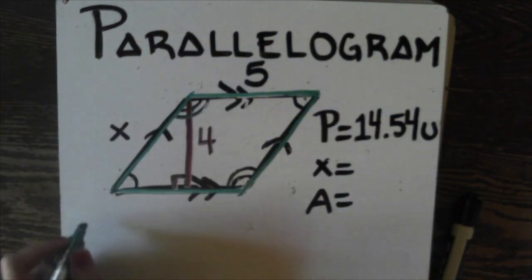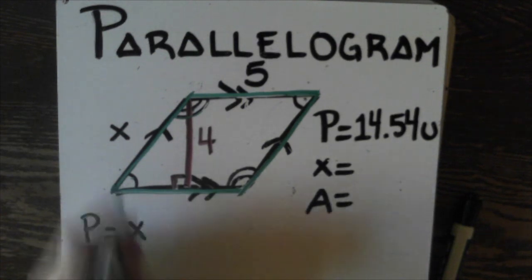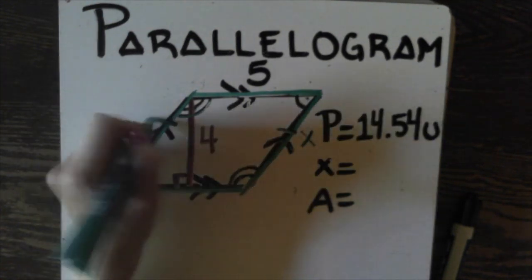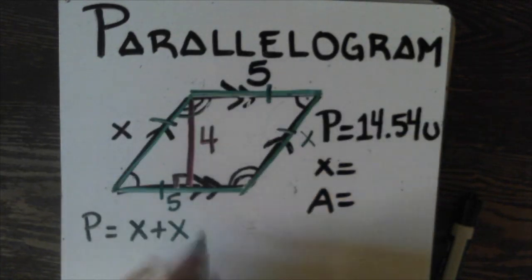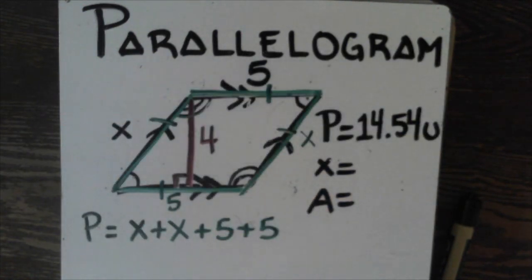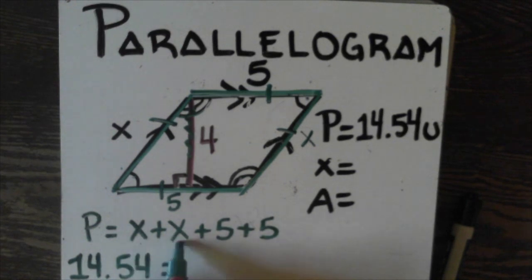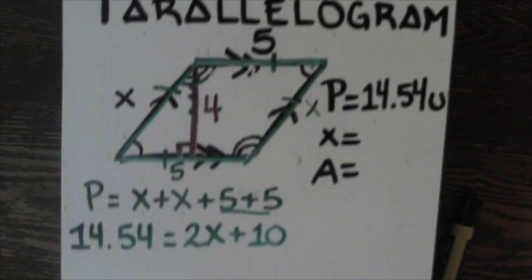We have been given the perimeter to be 14.54 units, with two unknown sides, value of x, and two known sides, value of 5. We can create an equation to solve for x. With the perimeter at 14.54, I can replace p with this value, add 1x plus 1x, which is 2x, and 5 plus 5, which is 10.